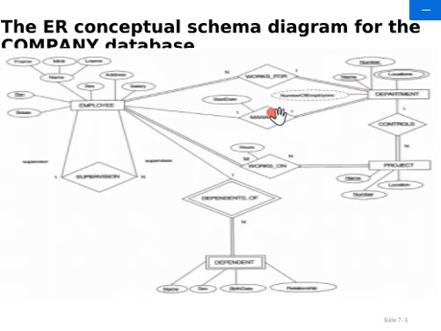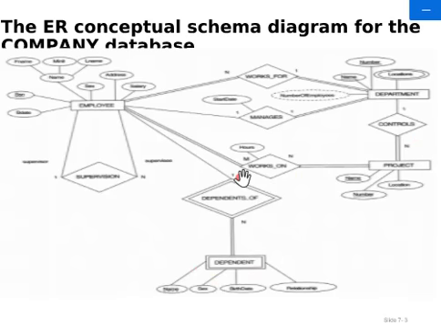But the cardinality ratio is N:1 for works for, whereas the cardinality ratio for manages is 1:1. Works on is also a binary relationship, with the cardinality ratio M:N, and controls is also a binary relationship with 2 entities participating, that is department and project, with the cardinality ratio 1:N.